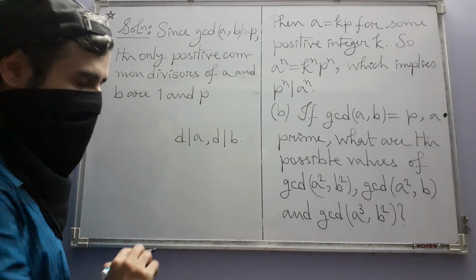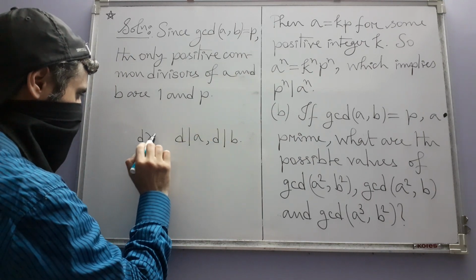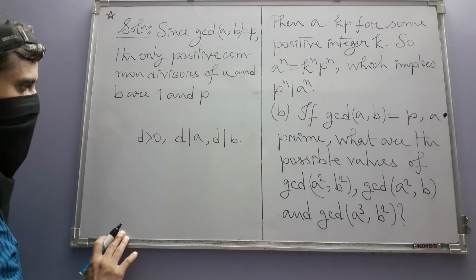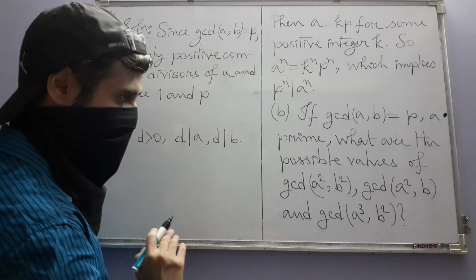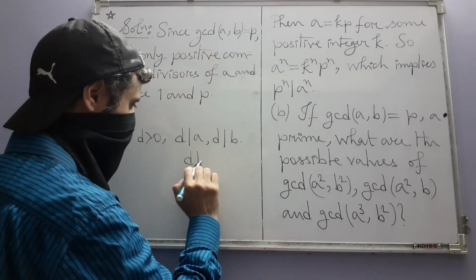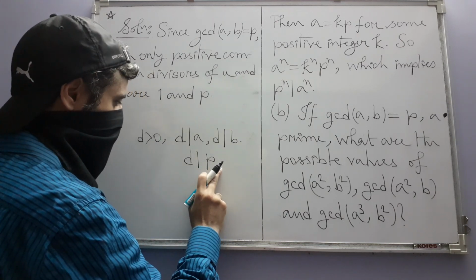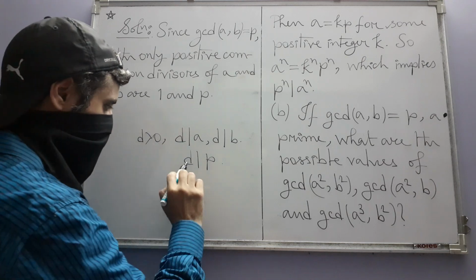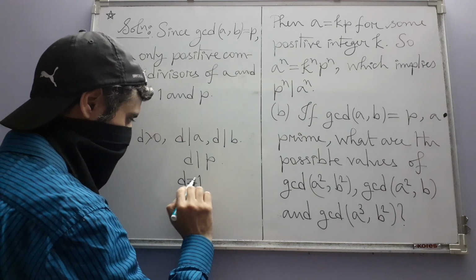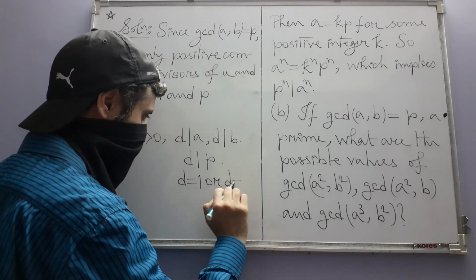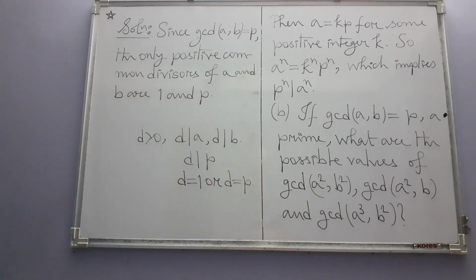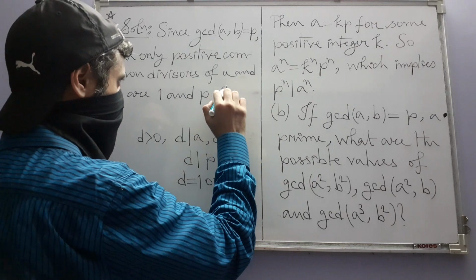It divides both a and b. Then from properties of GCD, we know that d has to divide p. Now this divisibility relation and positivity of d implies that either d is 1 or d is p. So that's how we are getting this conclusion.